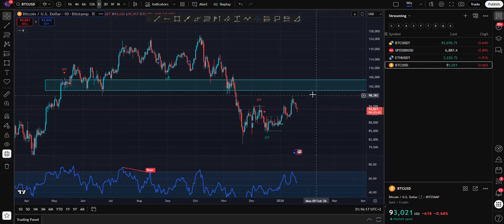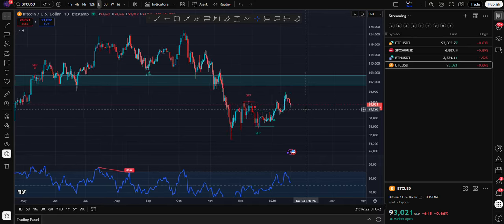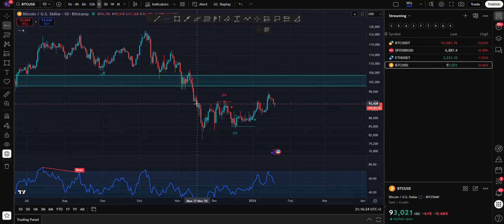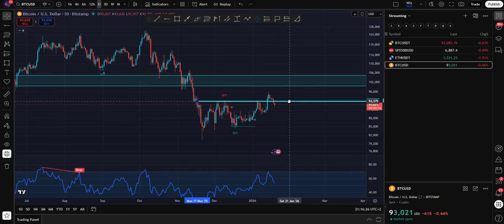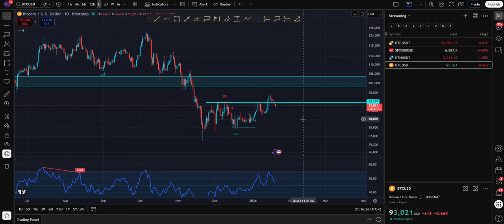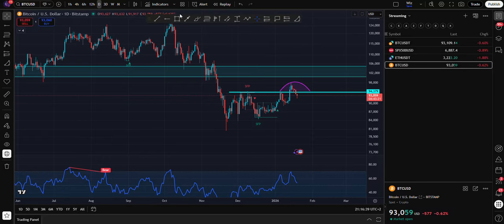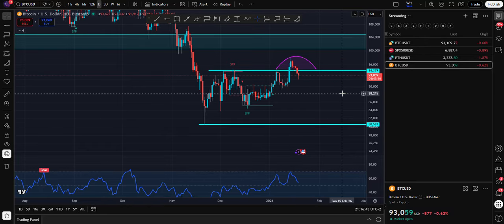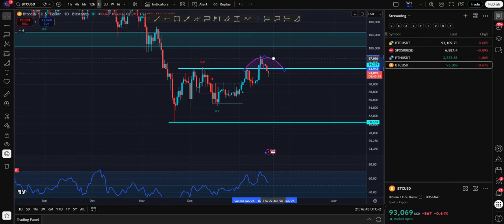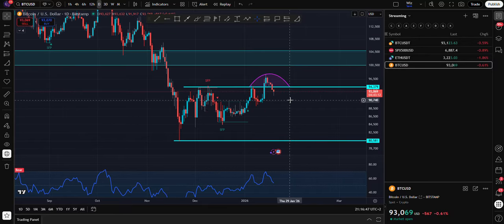So I was expecting Bitcoin to push a little bit higher before rolling over, but since we got rejected back into the range, I have to treat this as a deviation. Unfortunately, here we are. This is our range. So I have to treat this as a deviation for now.